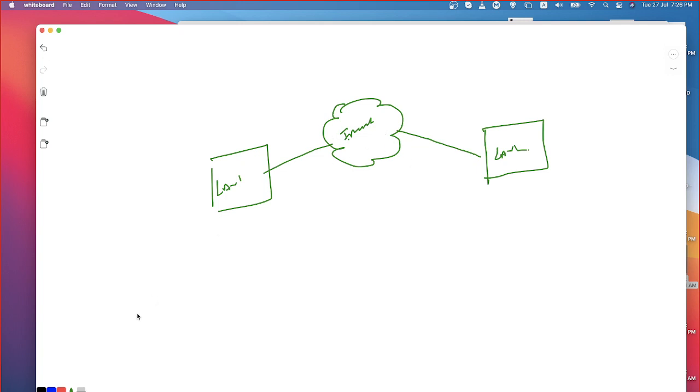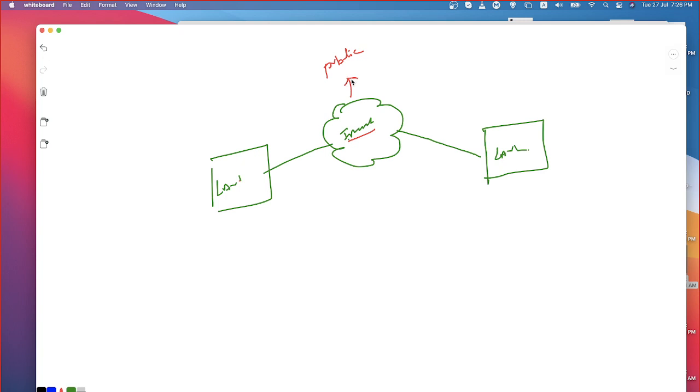Yes, it is possible. But the problem is, if LAN 1 and LAN 2 are communicating over the internet, the internet is known as a public medium. Because of that, any communication you transmit over the internet could be seen by anybody, because it happens in clear text, and moreover it happens through the public network.